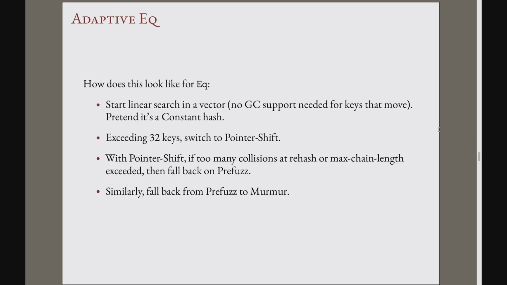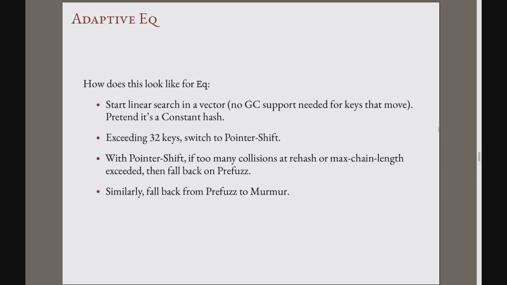More importantly, it does not need garbage collector support when keys are moved, because we are using the addresses, unlike SBCL, which actually uses most of the object addresses in EQ hashing. So if keys move, the GC has to tell user space basically to rehash.